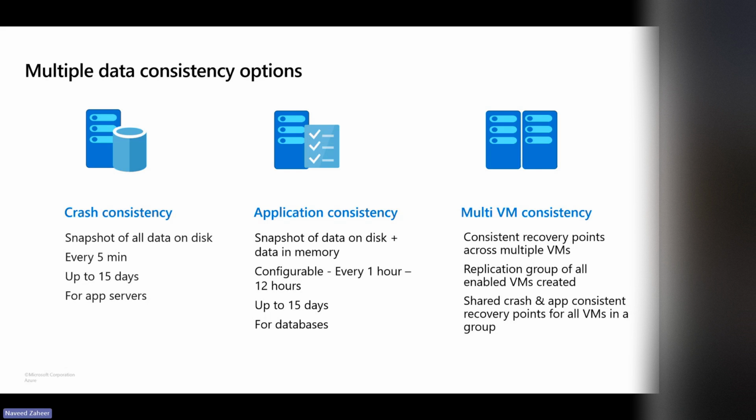Then there is application consistency. This is specifically for databases, where crash consistency is not enough. You have to make sure that you are storing the checkpoint information and the database is in a consistent state. So that's where it works with snapshots of the data and data in memory, to make sure your application is consistent.